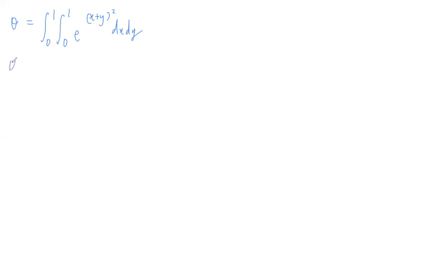If we're going to find Monte Carlo estimates, this will be just the expectation of e to the power of minus (x plus y) squared, where x is uniform 0, 1 and y is also uniform 0, 1, independent, because it's basically multiplying by 1. This is over 0 to 1 and 0 to 1, so it's actually 1 times 1. So you just need to simulate the usual case.